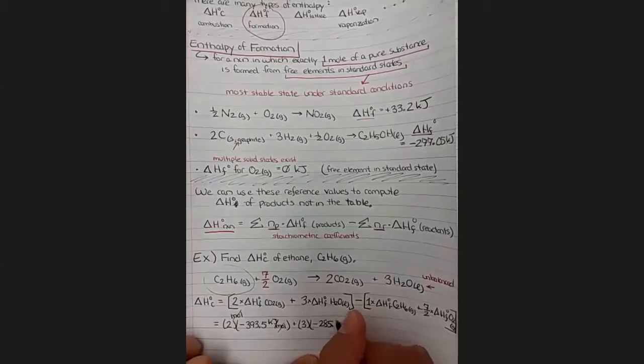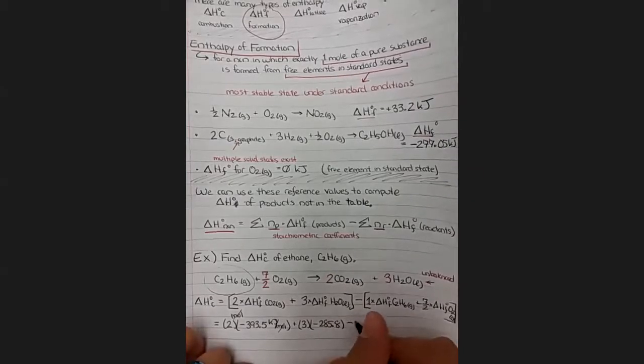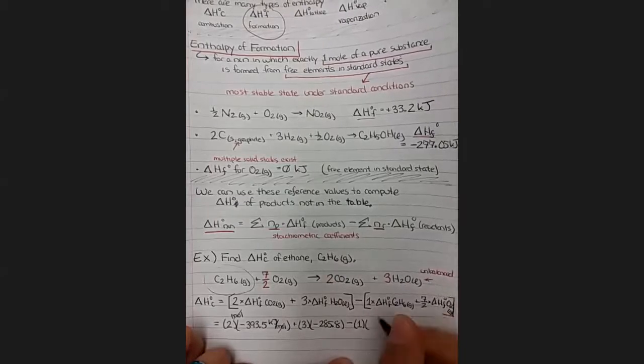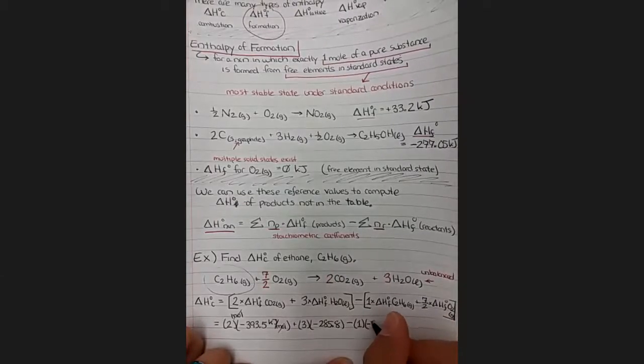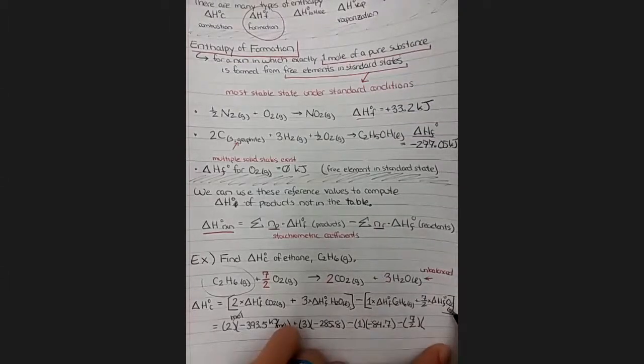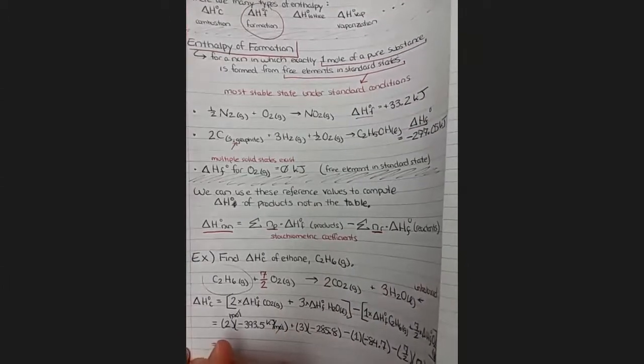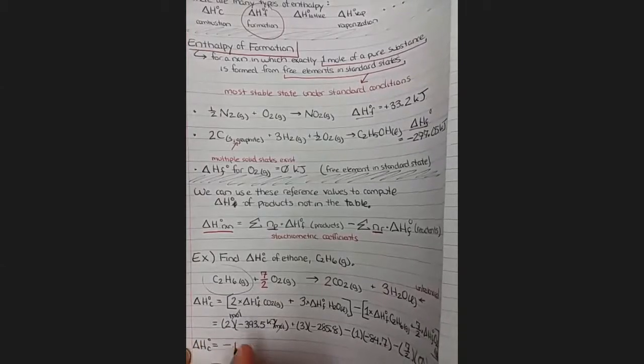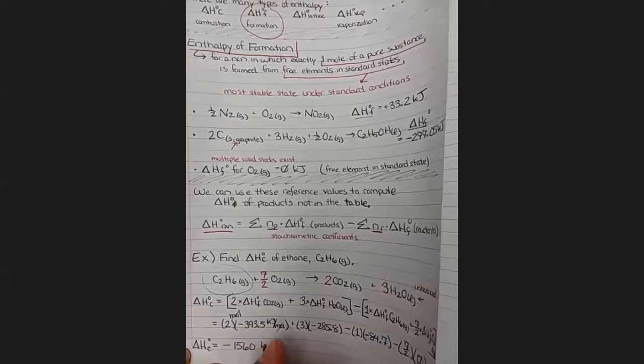Negative 285.8 for water minus 1 times the value for ethane, which is negative 84.7 minus 7/2 times the value for oxygen. And remember we said for elemental compounds in their free and standard state, the delta H of formation is 0. So times 0. And if we use our handy dandy calculator, we add those together, we should arrive at negative 1,560 kilojoules.